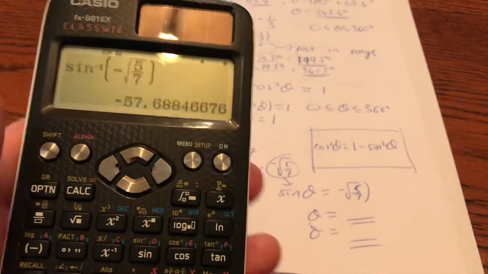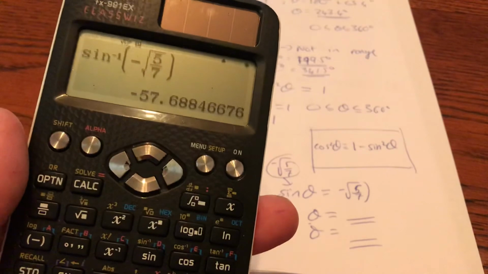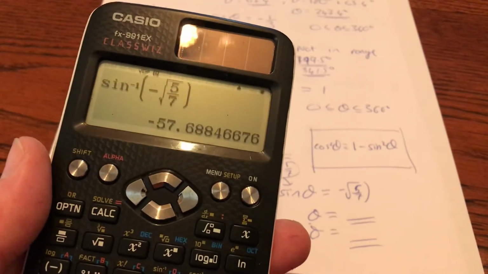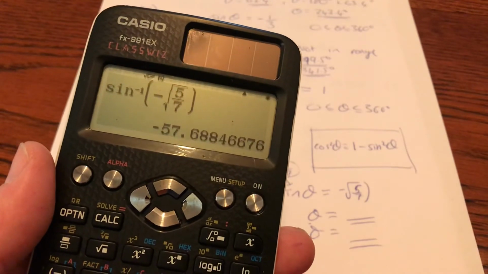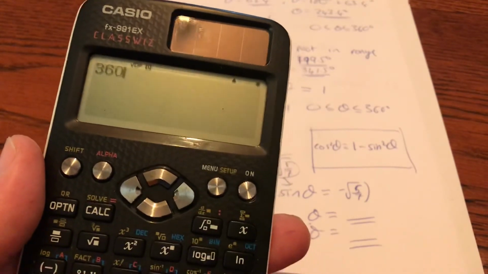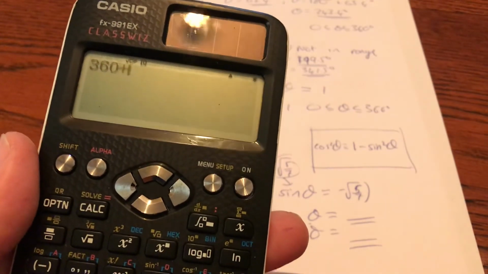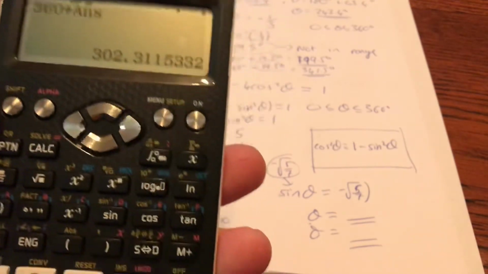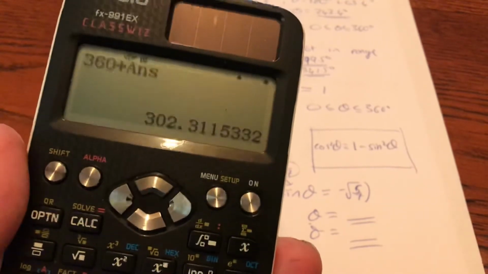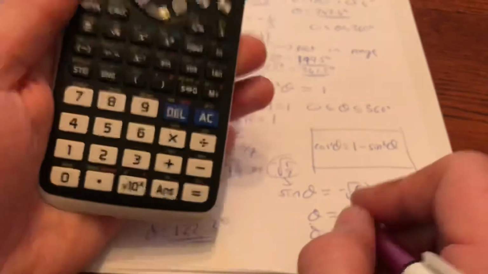See, I get a negative solution. Remember what we did with that, so I can just say, well, one of them is going to be 360 add my answer, so I could have that shift away from 360, so I'm going to get 302.3.